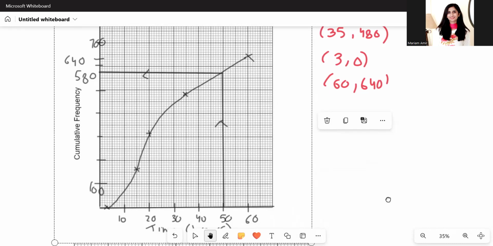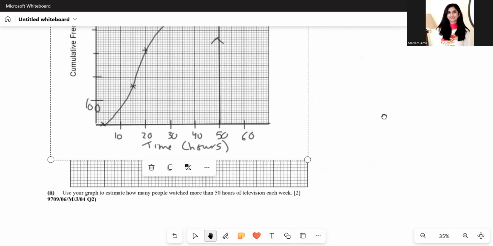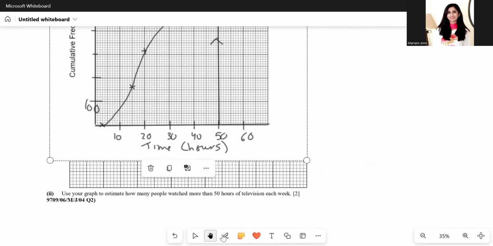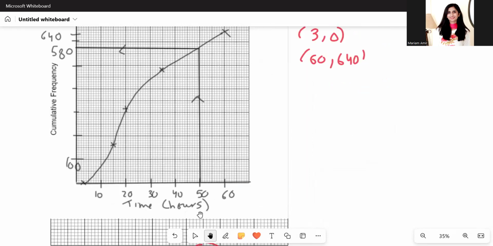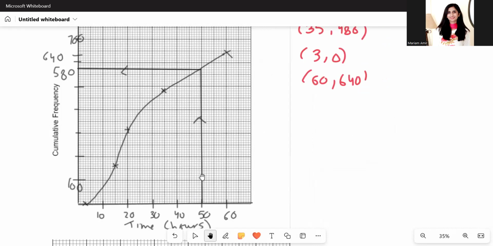as shown. After that, you'll use your graph to estimate how many people watched more than 50 hours of television. Okay, again, it says more than. So what you do is you first read this 50 hours on the graph, which is going to be an X value. From 50, we find the Y value, which for me is coming out to be 580.